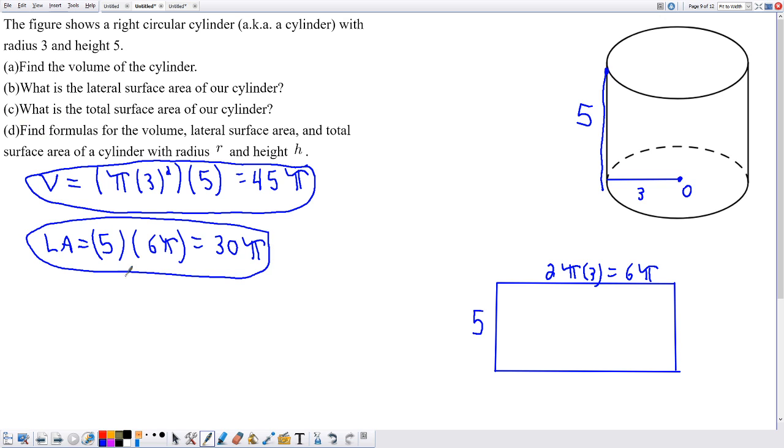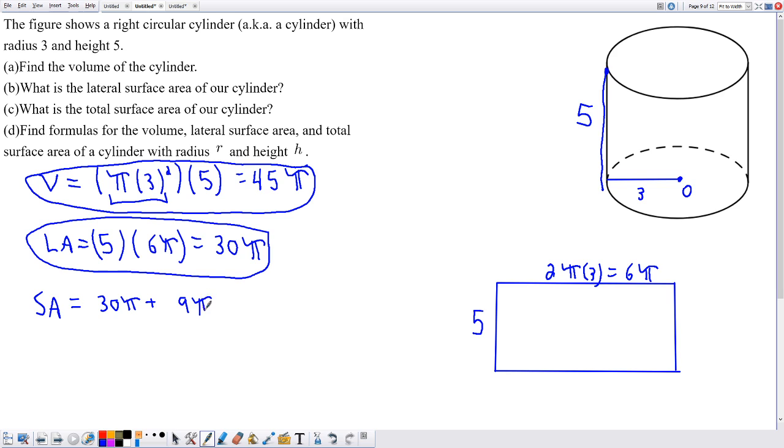Part C, what is the total surface area? Well, that's easy. It's the lateral area, 30 pi, plus the area of the two bases, the two circles. The area of each circle is pi times r squared, or pi times 3 squared, or 9 pi.